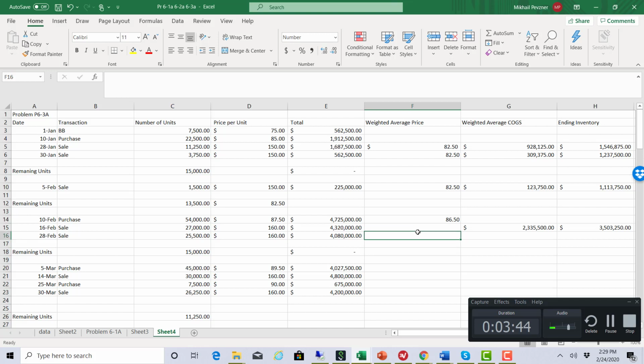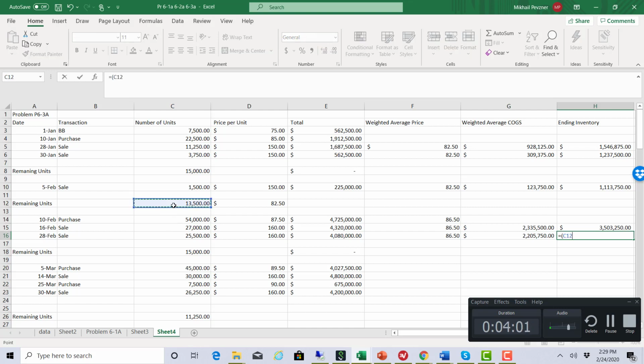And then for the next sale, again we'll just take 8650 as the price times units sold, and then this will be this plus this minus this minus this. These are the remaining units times 8650. So this is my ending inventory for this particular one.